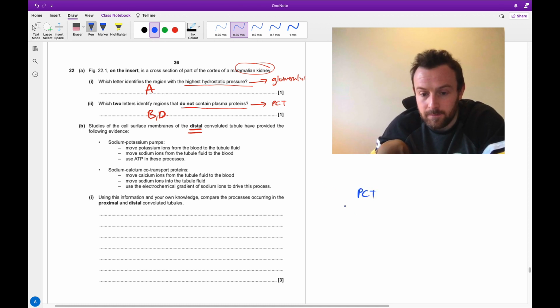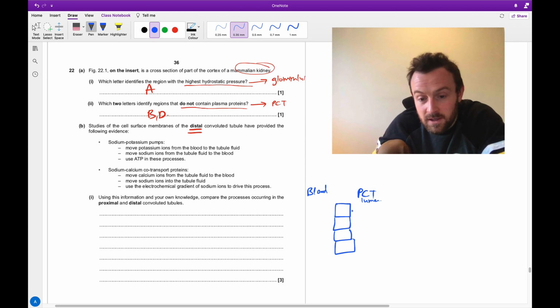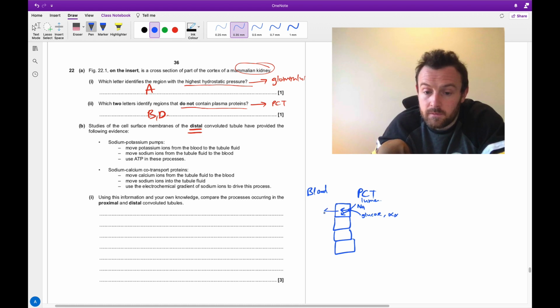Okay, so PCT. For the PCT, we've got these sort of cells that line the PCT like this, and this is the blood, and this is the lumen. In the PCT, we have co-transport proteins that bring in sodium together with glucose or amino acids, and then that flows that way via diffusion.